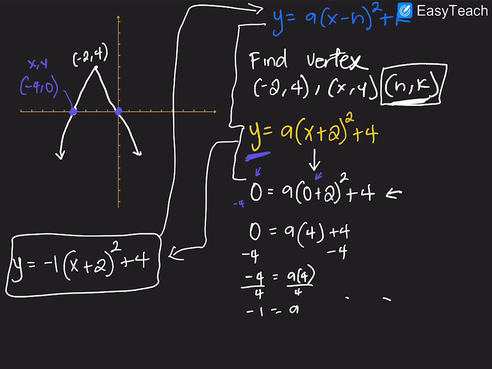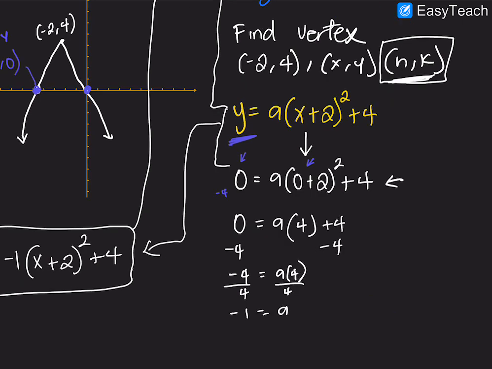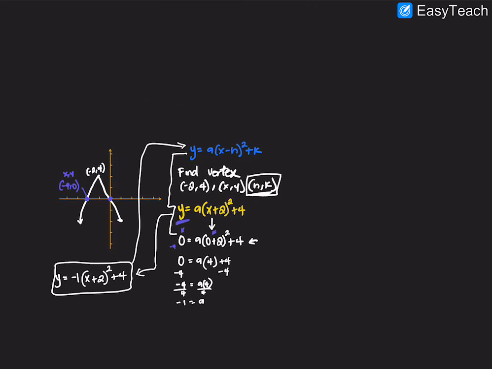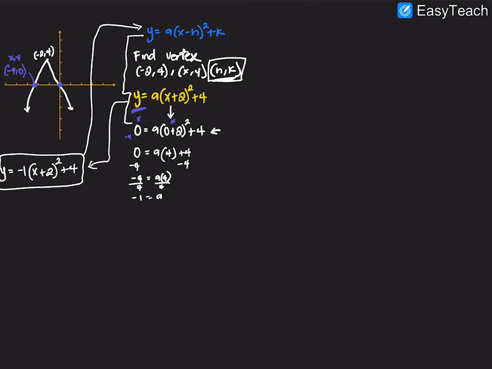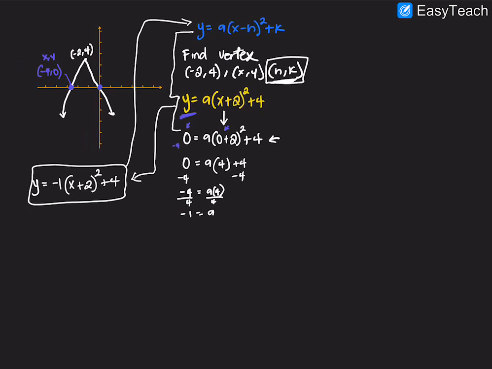Now, if I use -4 and 0 instead of 0 and 0, would I get the same answer? Let's try that. So I'm just going to move this. Well, that's going to change everything. Okay, we're just going to move this and assume that our graph looks the same.